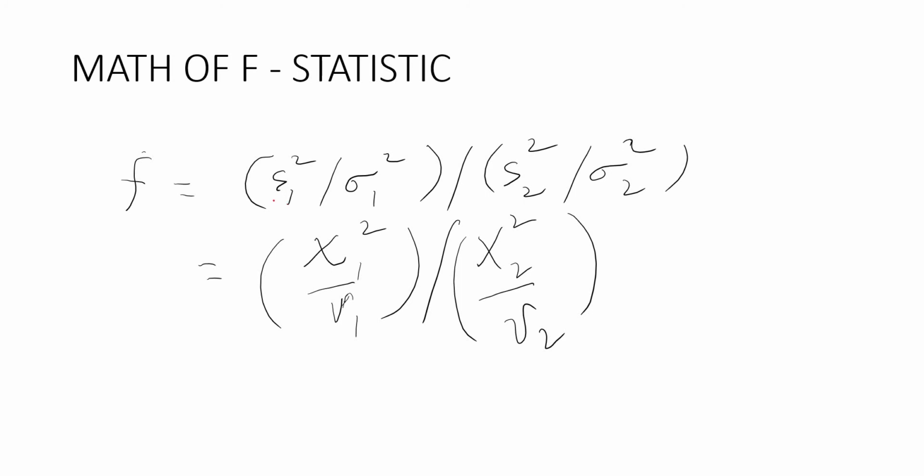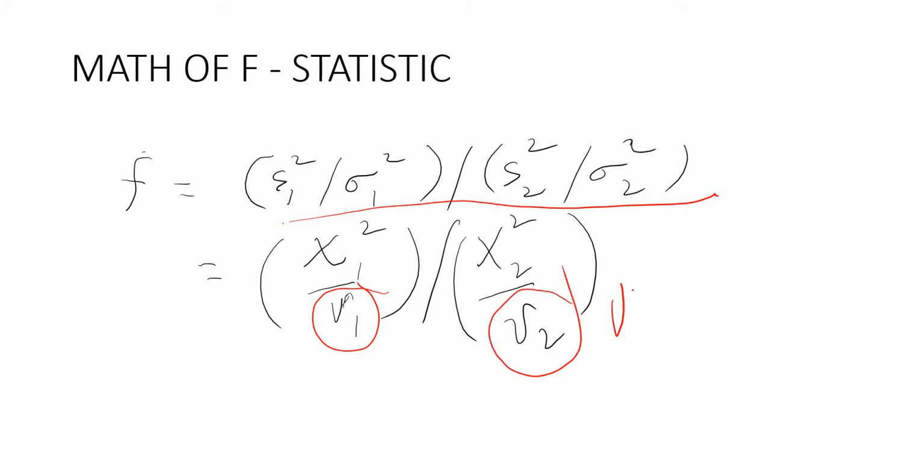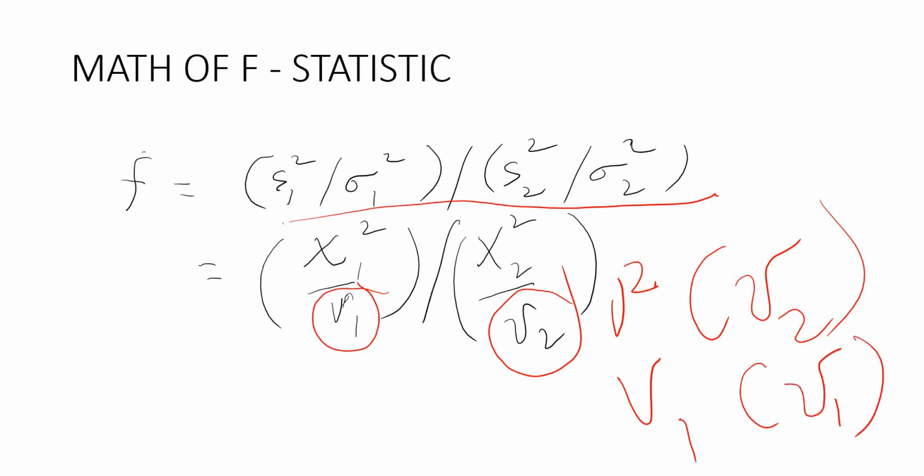The first equation we can write as S1 square by sigma 1 square, divided by the ratio S2 square by sigma 2 square. This can be written as chi-1 square divided by v1, divided by chi-2 square divided by v2. V1 is the degree of freedom of the first sample and v2 is the degree of freedom of the second. Some people will use nu 2, another letter for degree of freedom, or you can use v1 or nu 1. Both letters you can use, it's fine.